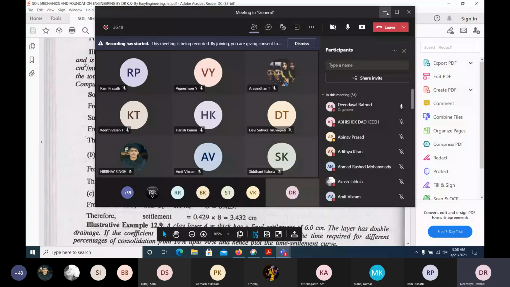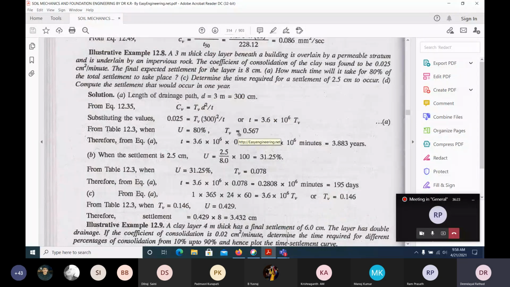Here, suppose a 3-meter thick clay layer. Read carefully. A 3-meter thick clay layer beneath a building is overlain by a permeable stratum and is underlain by an impervious rock. Understand? So the 3-meter thick clay layer is beneath a building, overlain by a permeable stratum.